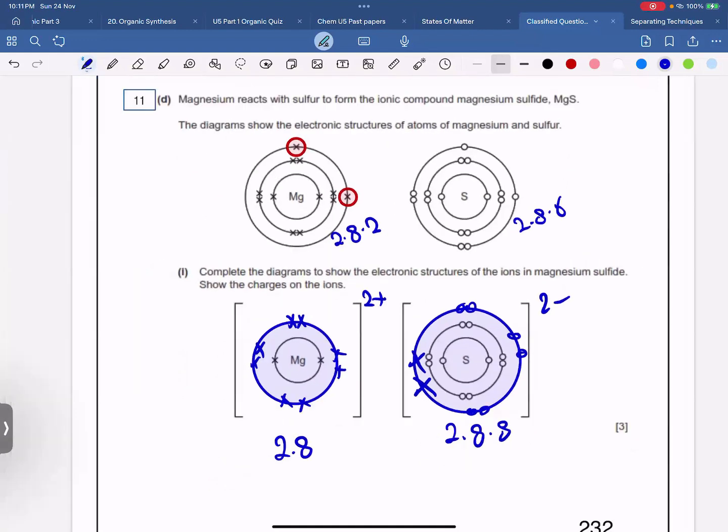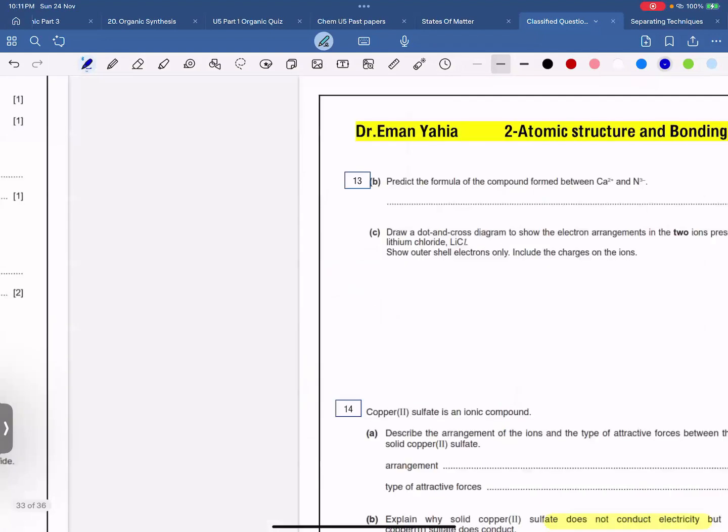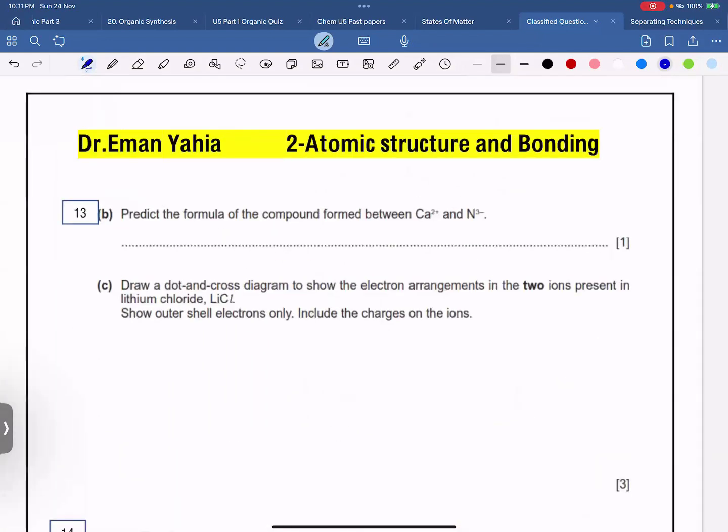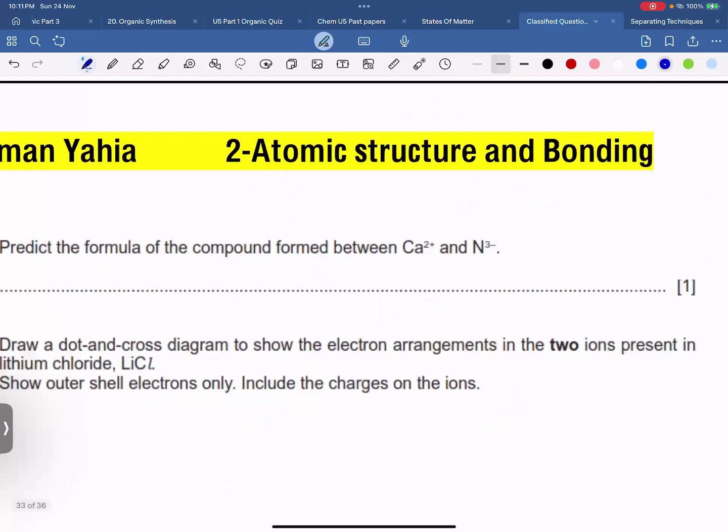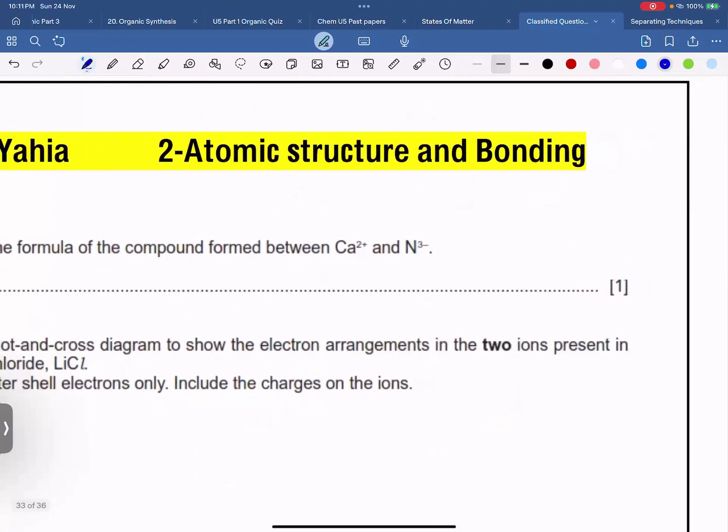Next question. Predict the formula of the compound between calcium and nitrogen. So first of all, to write the formula, write the positive ion on the left side, which is calcium, and the negative ion on the right side. Then this is plus 2, which is the valency or oxidation number. So add it without a charge, positive or negative, just the number of electrons gained or lost.